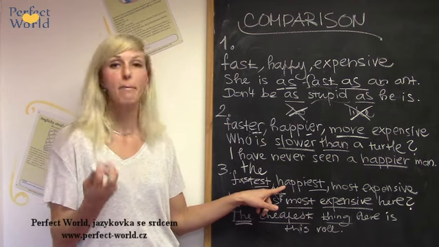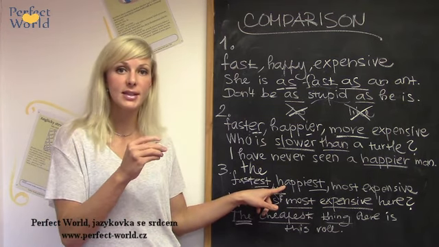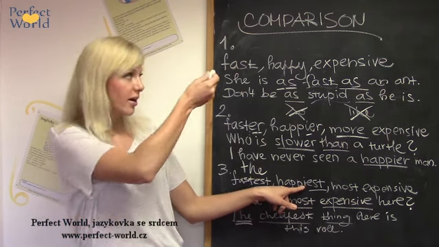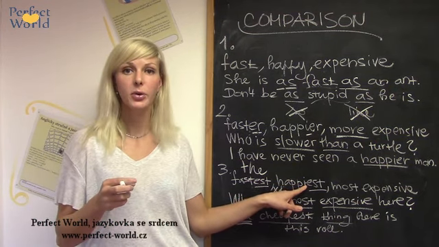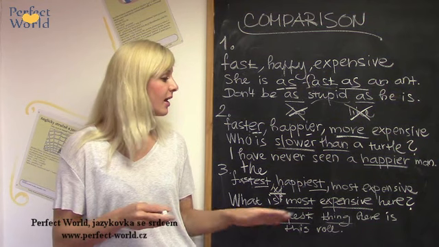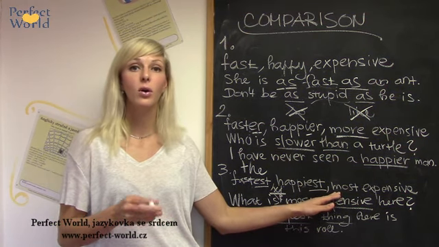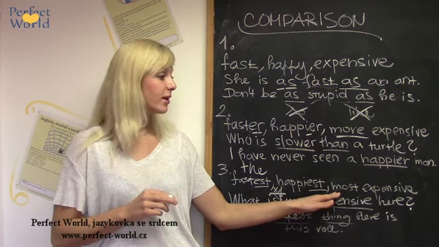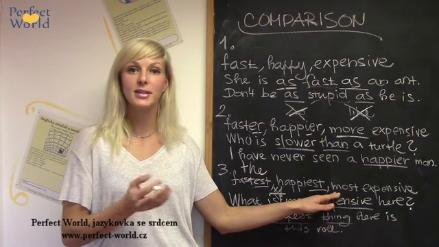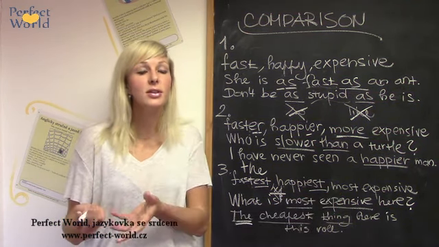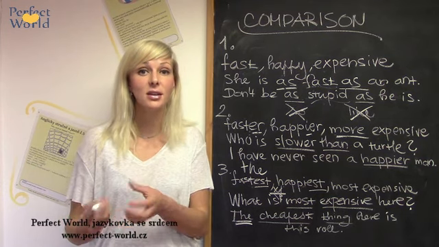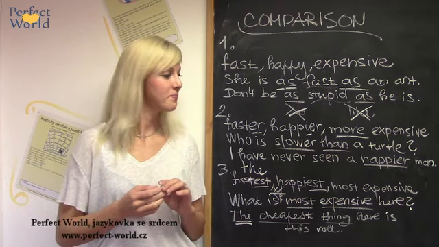The same is for happiest, where you can see that this y has changed into I again. And then if you have a longer word like expansive, you just add most in front of that and you say most interesting, most expansive, and so on and so forth.